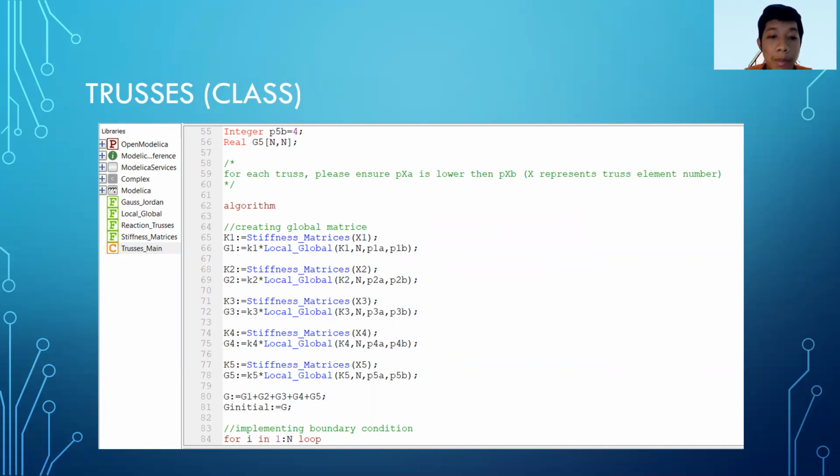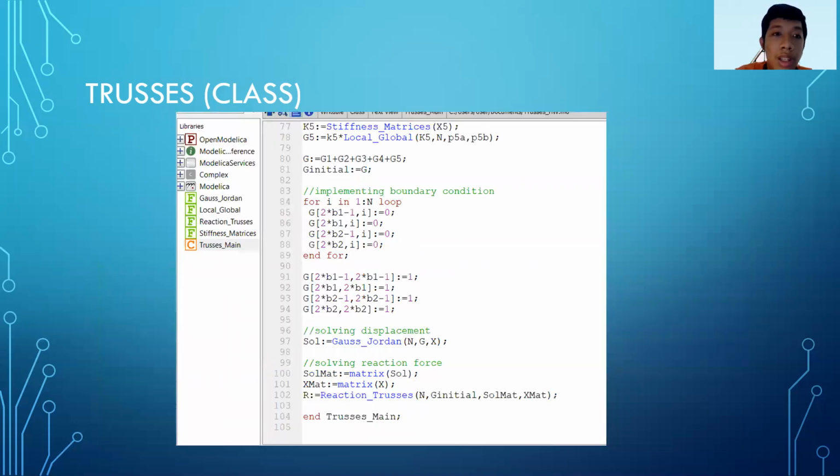Next is implementing the boundary condition. For E in the loop, we can divide the boundary condition in the global matrix. This is the location of the boundary condition at point 1 and point 3 in the y-axis or x-axis.